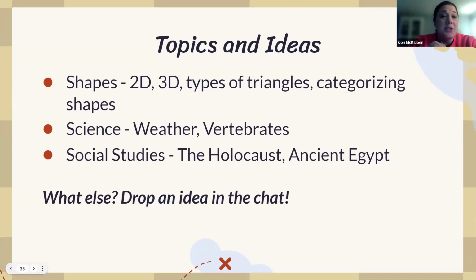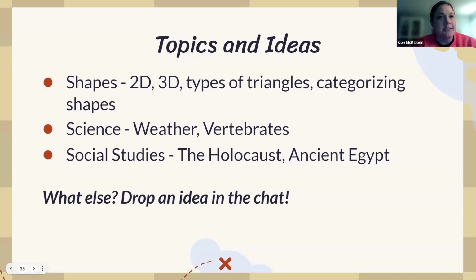In science, you could think about weather and how you could create categories and examples, or specifically types of animals, like vertebrates, invertebrates, the ecosystems. In social studies, I've used semantic mapping with the Holocaust, and you could use ancient Egypt.